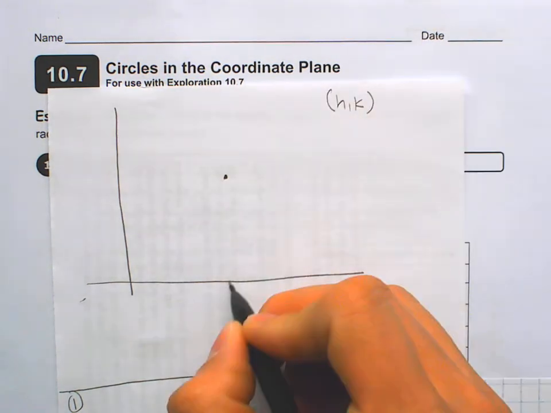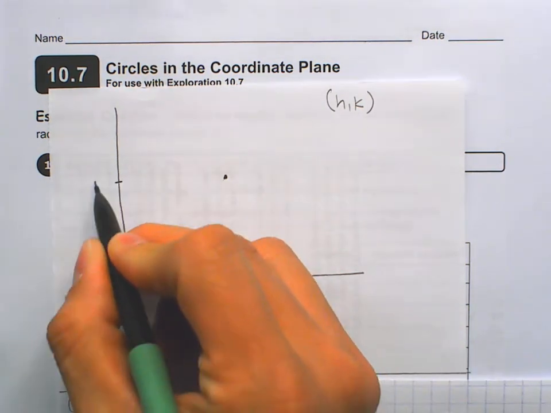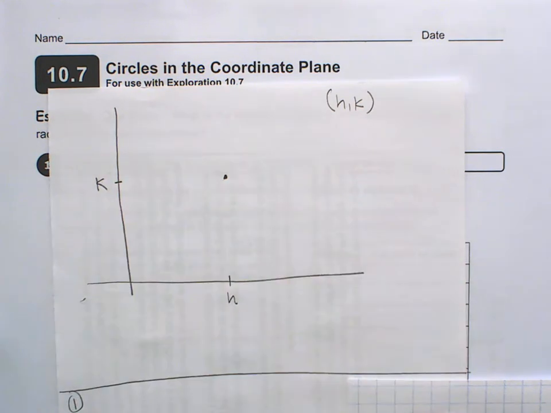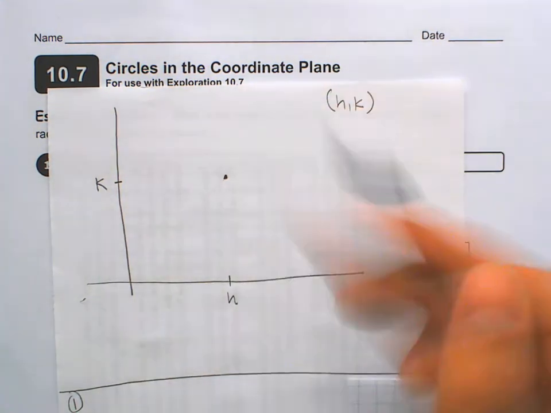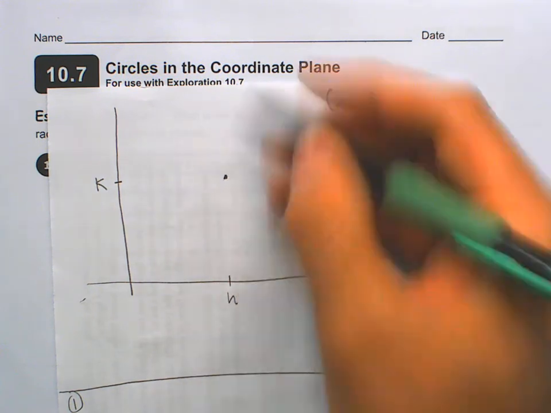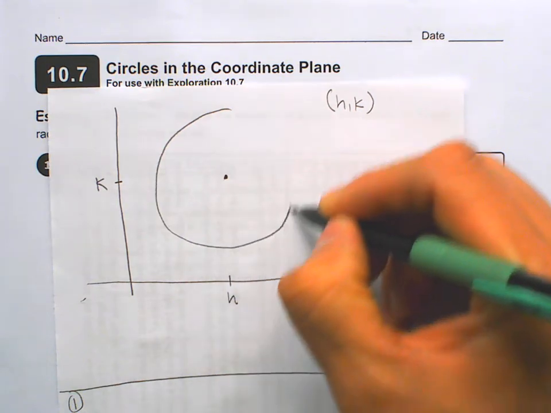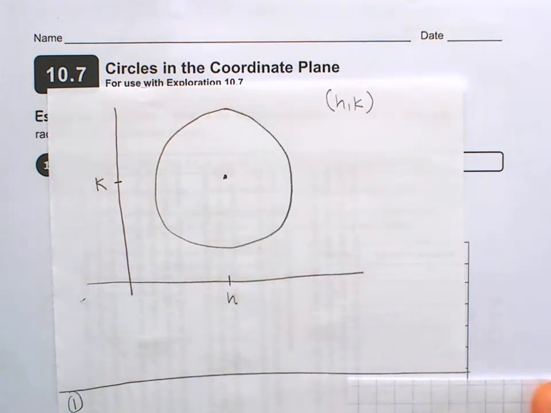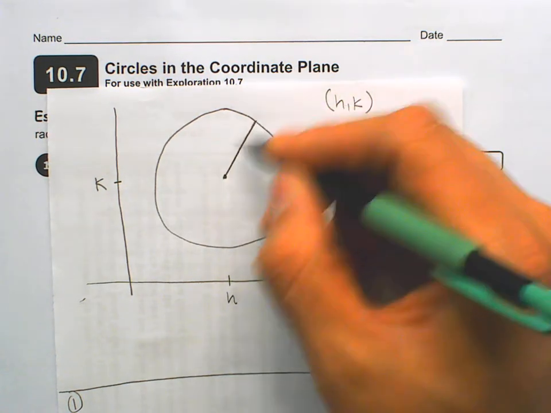So this distance right here is going to be h. This distance right here is going to be k. Now I'm going to draw a circle with a given radius, as best as we can. All right, so the radius, we are going to call that r.